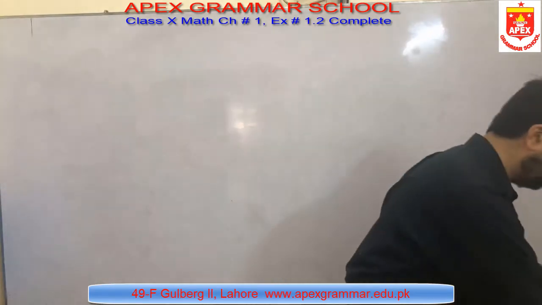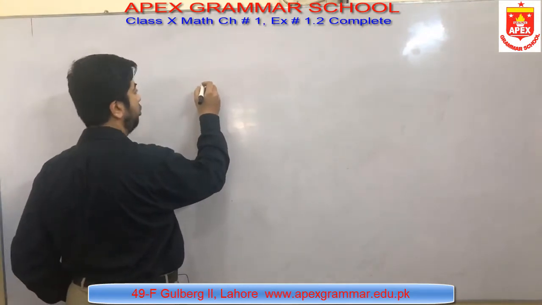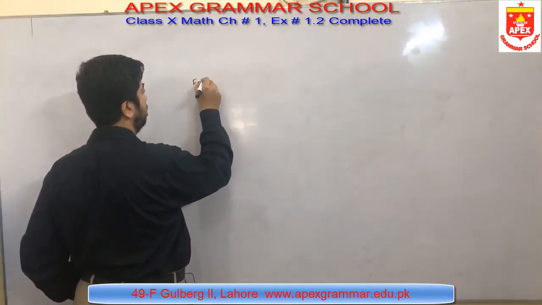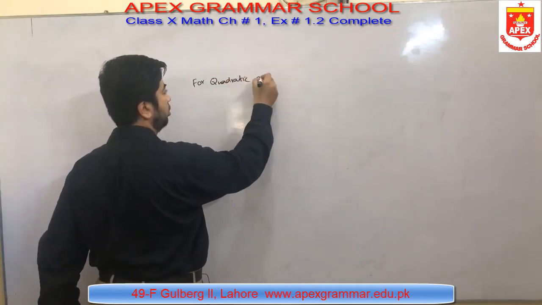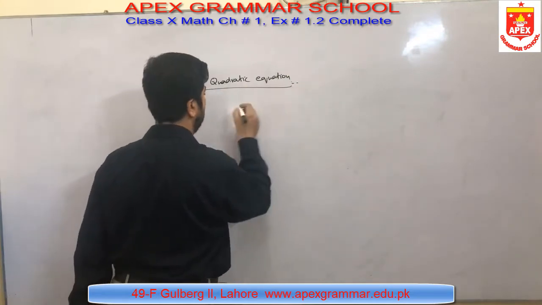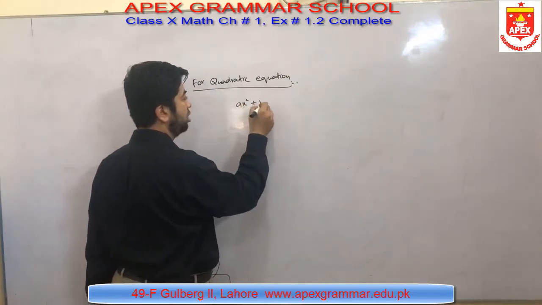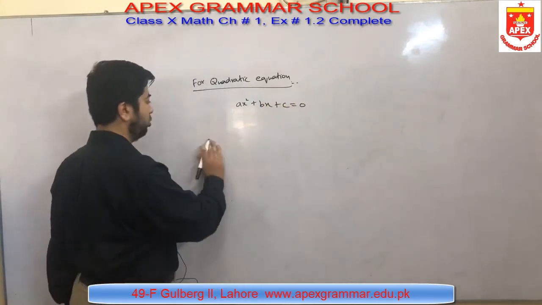Talking about the general form of a quadratic equation, in the form of ax square plus bx plus c is equal to 0. What is the quadratic formula?